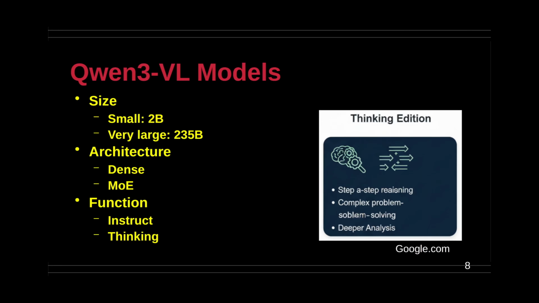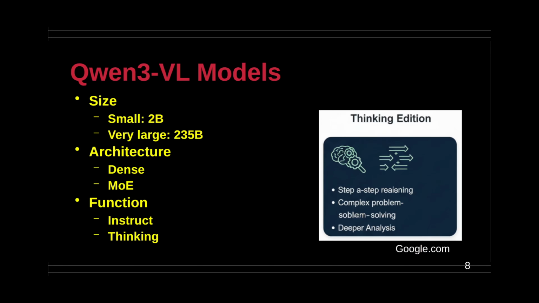Models range significantly in size from small variants like Qwen3-VL-2B for 2 billion and Qwen3-VL-8B to very large models such as Qwen3-VL-235B-A22B, a MOE model with 235 billion total parameters and 22 billion active parameters.